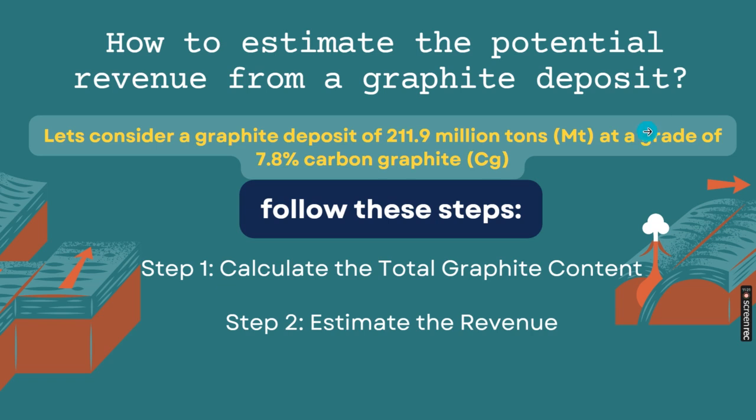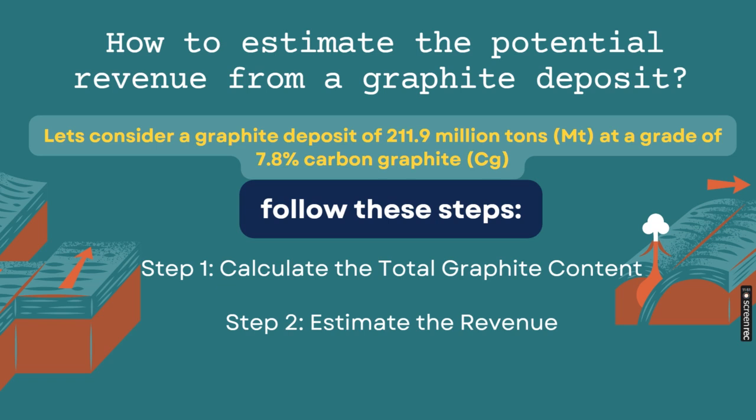Okay, so if we see the grade of 7.8% carbon graphite, out of 211.9 million tons resource, by using this PGC grade, 7.8%, we have to calculate the exact graphite content. To estimate the actual revenue, how much money you can earn, you need to calculate.